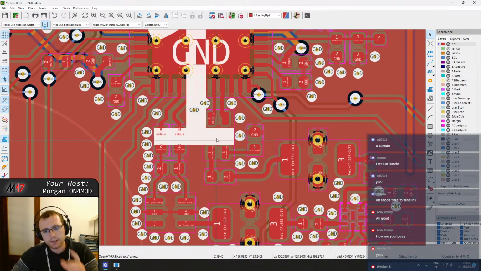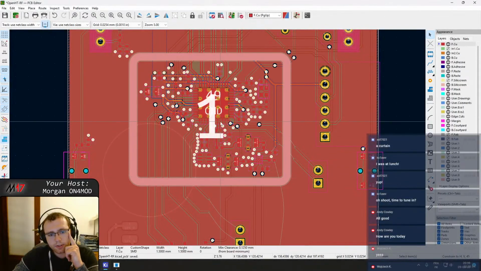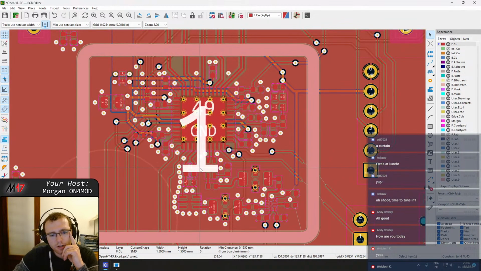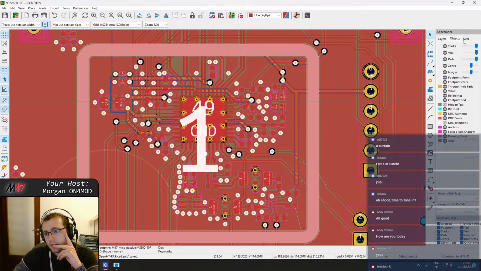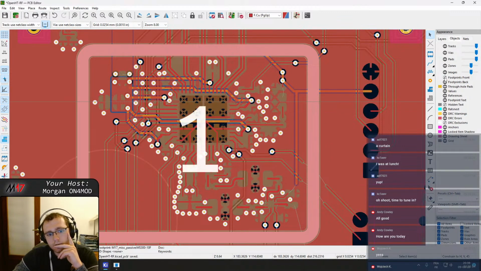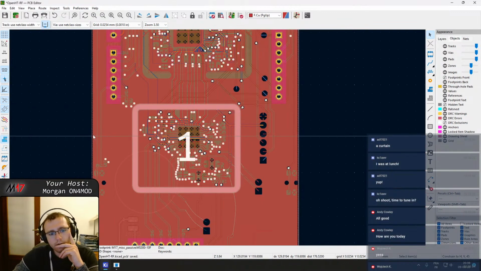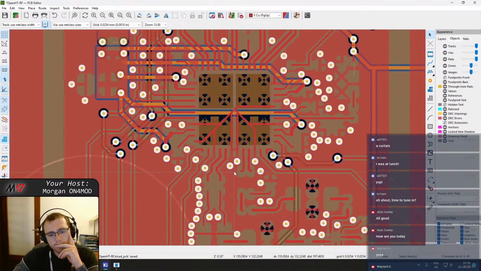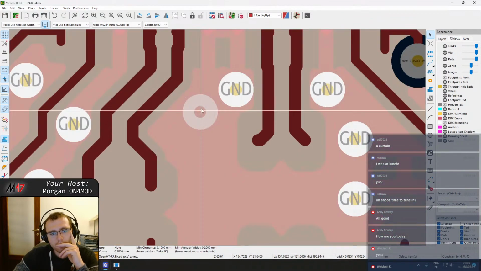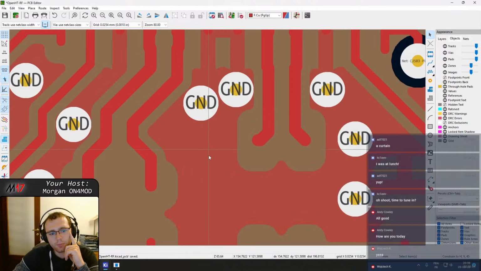It's just that now I have this huge one in the middle and I don't know how I can hide it. Except maybe do this. Yeah, okay. It's kind of weird routing without the footprints, but anyway.